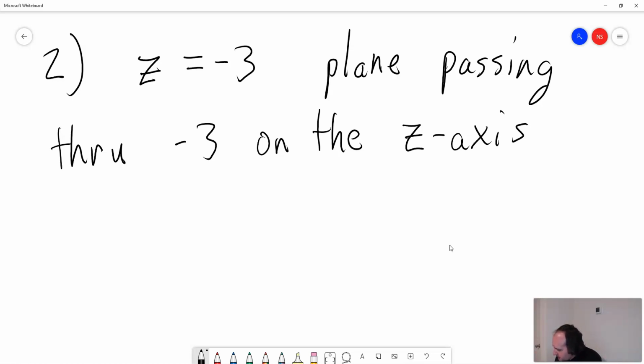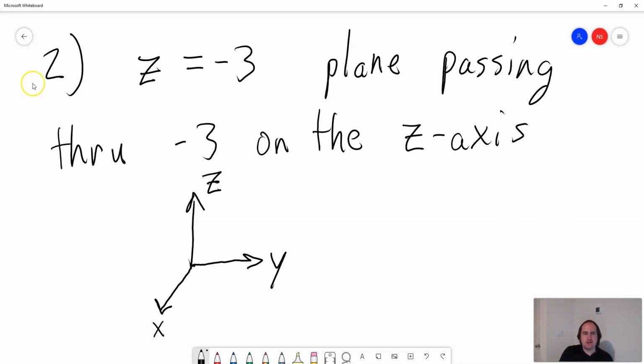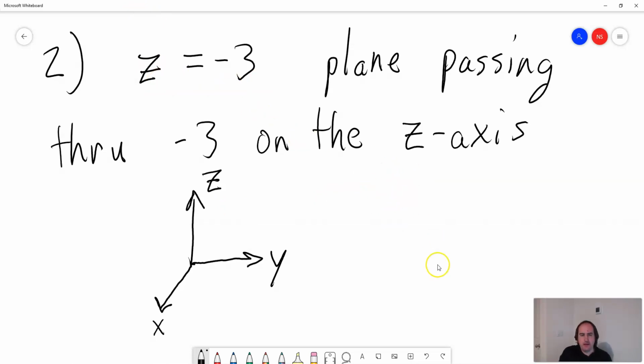So we've got our z as the vertical axis, and then the axis coming out at us is the x-axis, and then the horizontal axis is the y-axis. All right, and we want to sketch a plane passing through -3 on the z-axis. So just remember, z equals whatever is just going to be a flat plane.